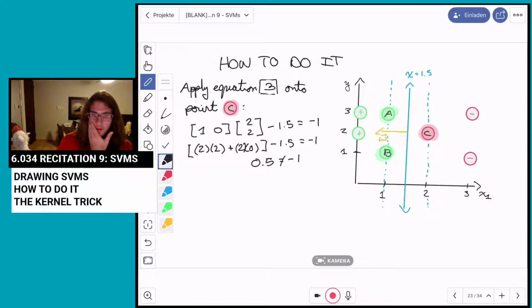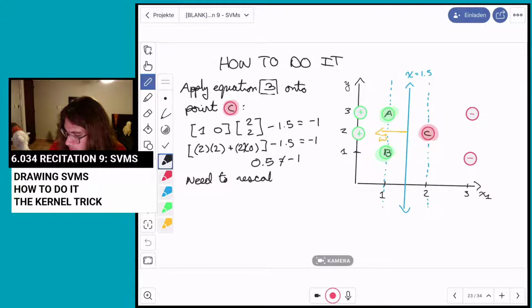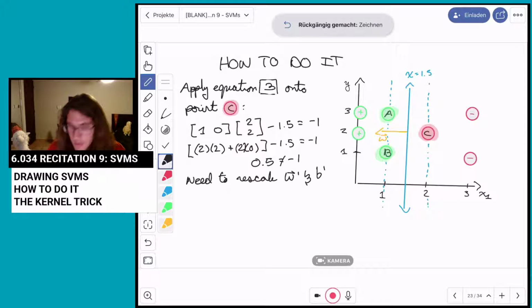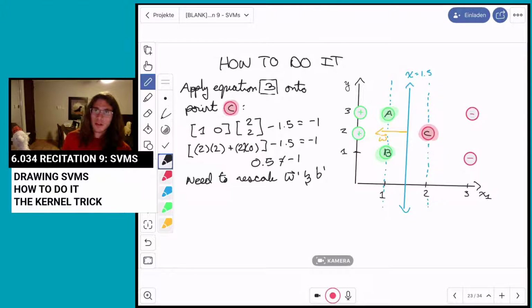So I need to rescale W vector prime and B prime. And that's precisely why I named them prime and not the actual W and the actual B. So I'm going to have my scaling factor C, and I'm going to rewrite the equation again.